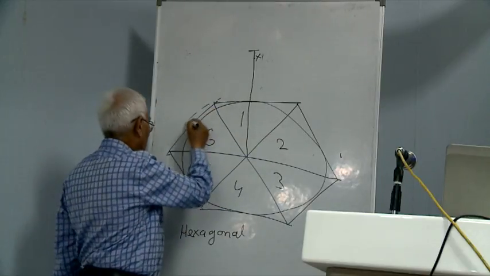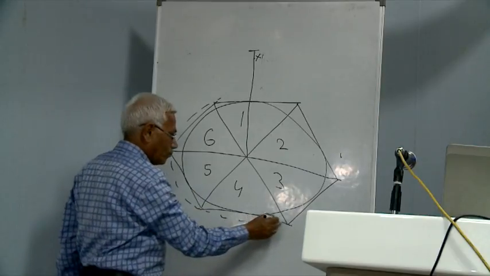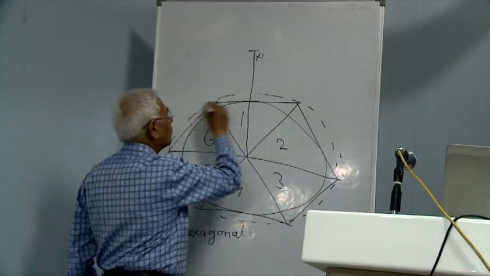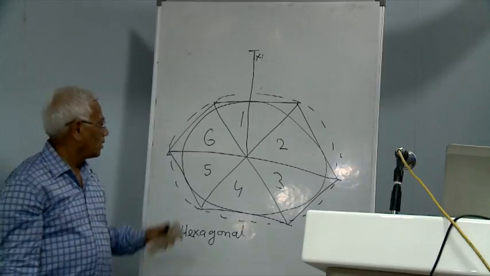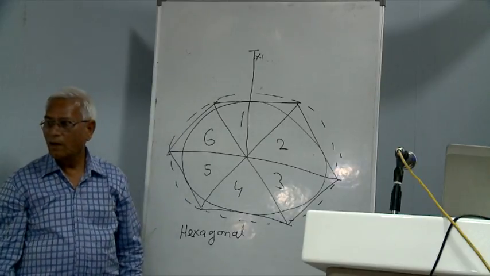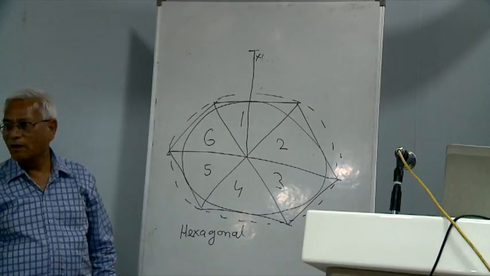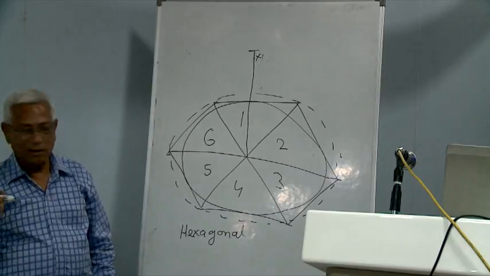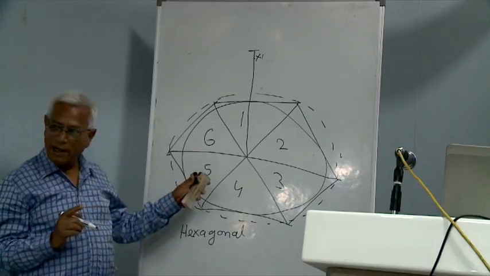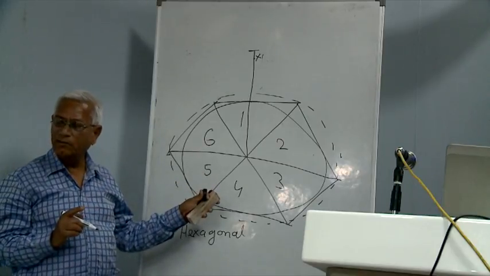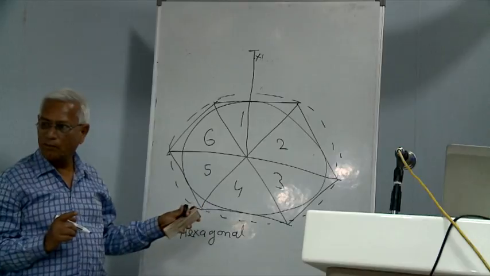Cover the external boundary. Still gap, but the gap is less compared to either circle or triangle. The usable area is more here in case of the hexagon.